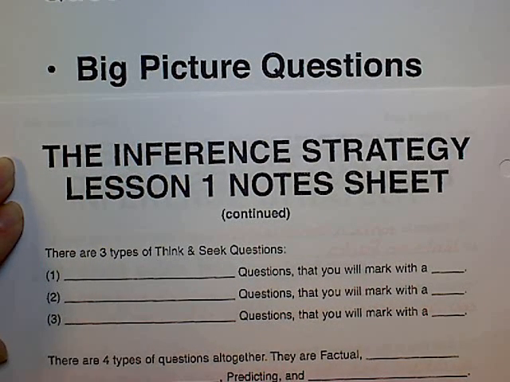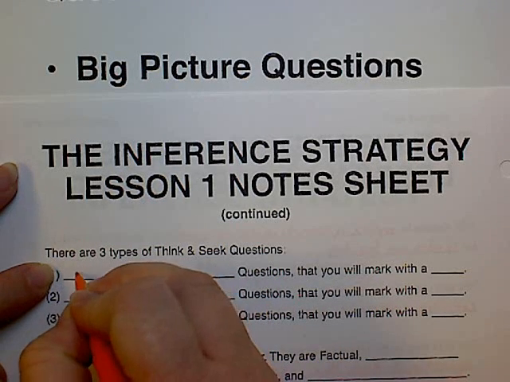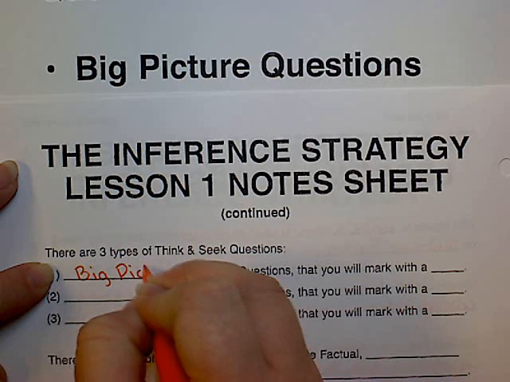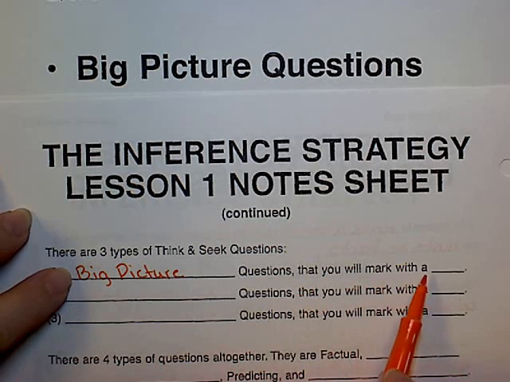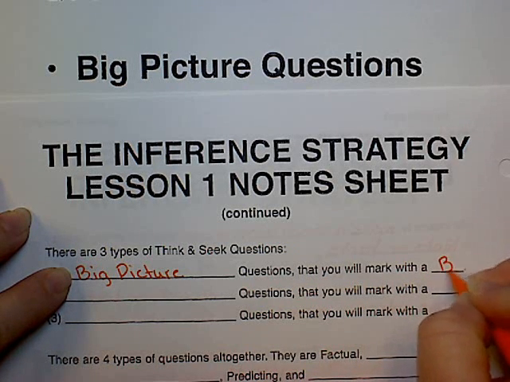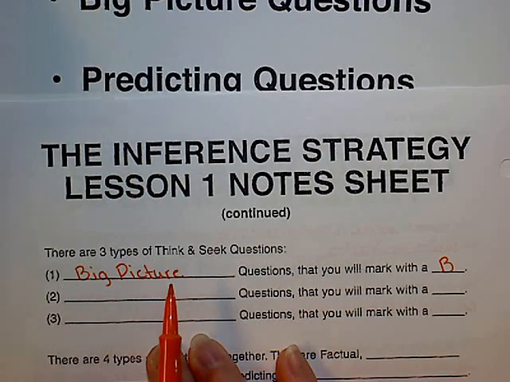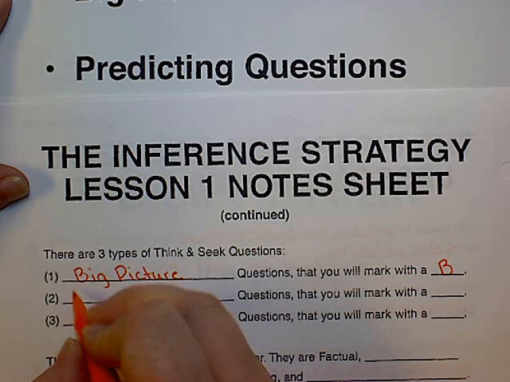Okay, so the first one of the think and seek questions is a big picture question. Big picture questions you will mark with a B. Then you have the next type, which is predicting questions. So we're going to go ahead and fill in the blank.